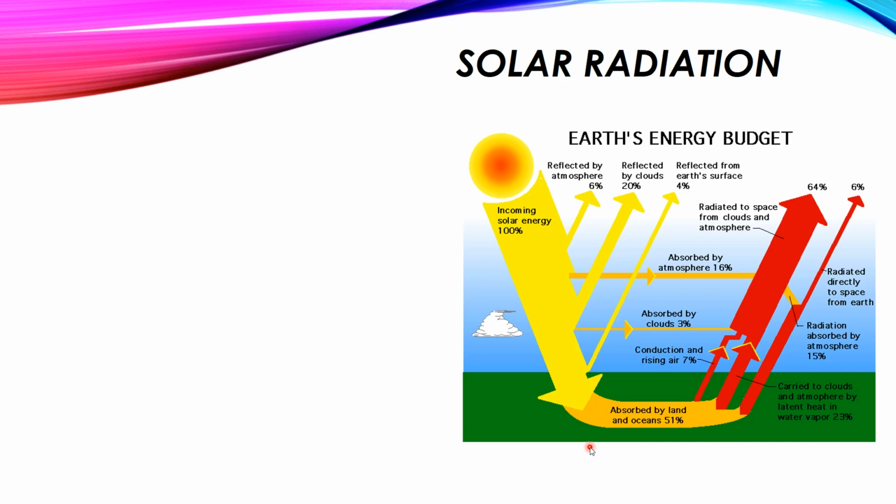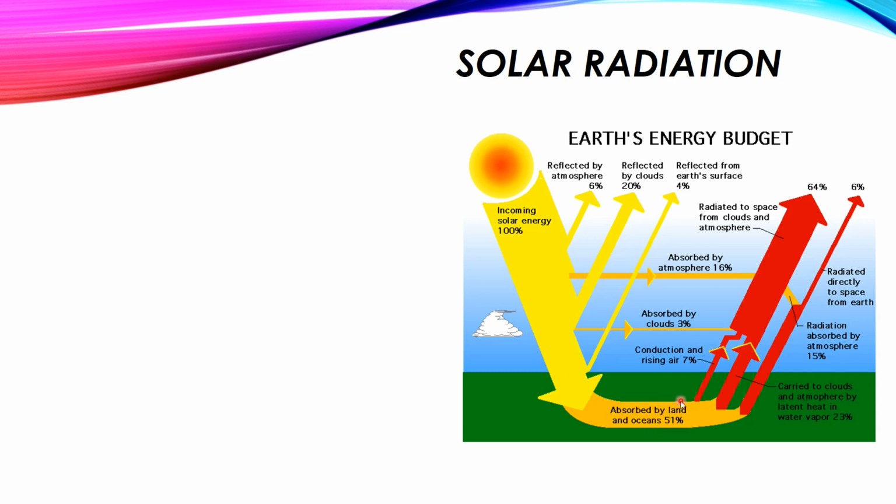Now the sun itself has solar energy, 100% of the incoming solar energy, 60% of them is reflected by the atmosphere, 20% of the sunlight is reflected by the clouds, 4% is reflected from the Earth's surface itself, and you will find that 51% of the energy is absorbed by land and oceans.